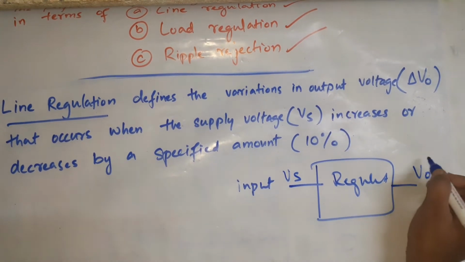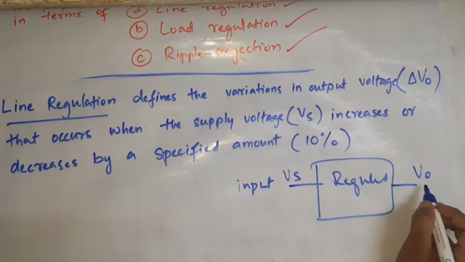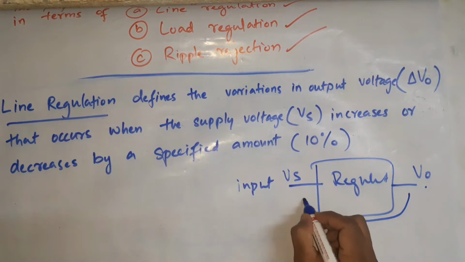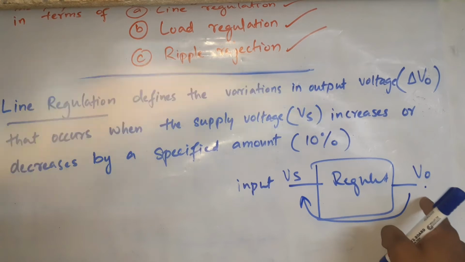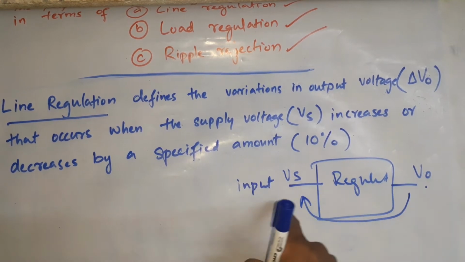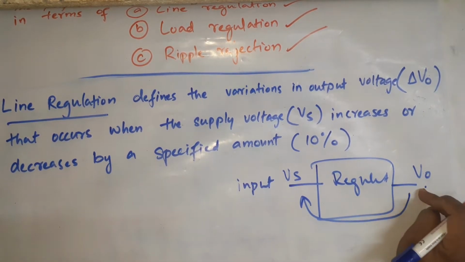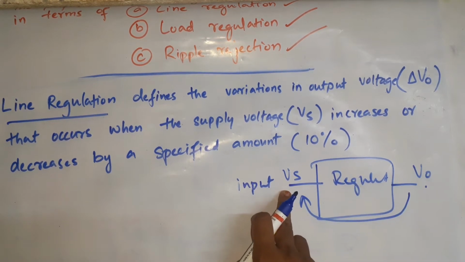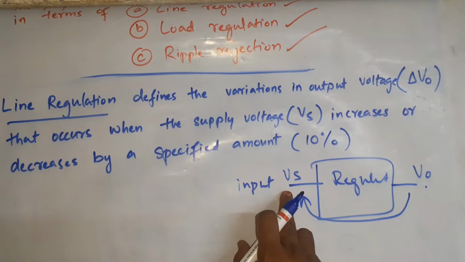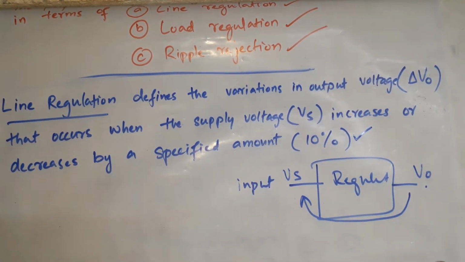Line regulation means the variation taking place in the output voltage because of a change on the input side, Vs, which might increase or decrease within 10%.